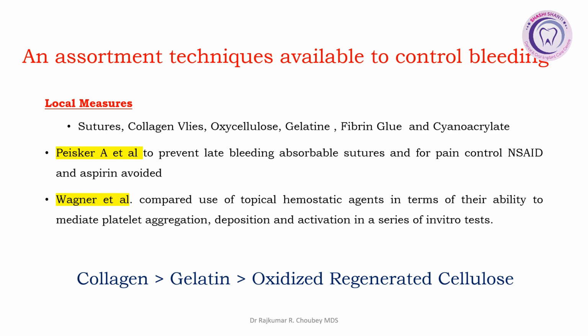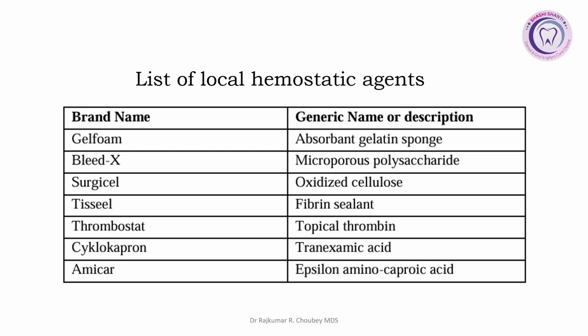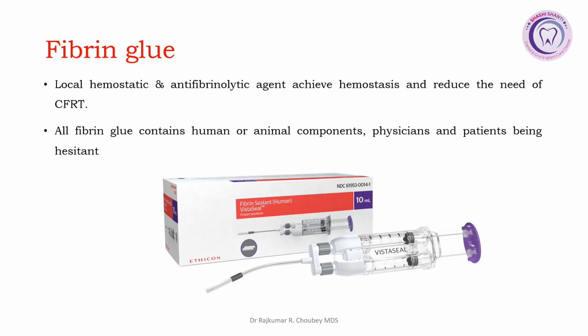These are the list of brand names of the hemostatic agents available. Fibrin glue is one of the antifibrinolytic agents, a local hemostatic available. It produces hemostasis and avoids the chances of clotting factor replacement therapy.